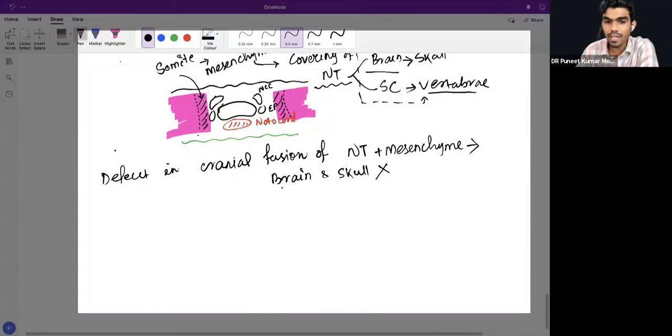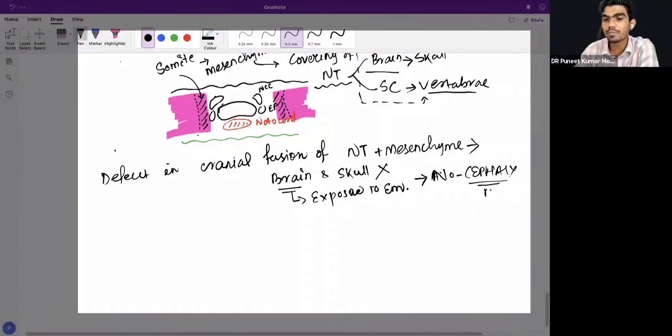Okay, and the brain is exposed to the environment. There is no skull. And this situation is called anencephaly.